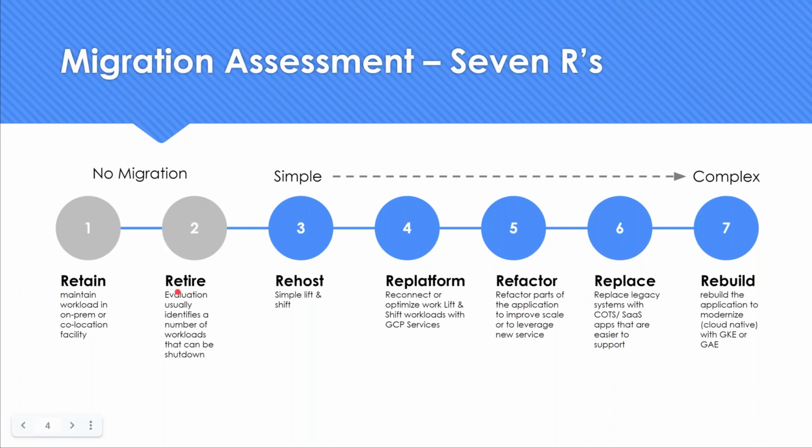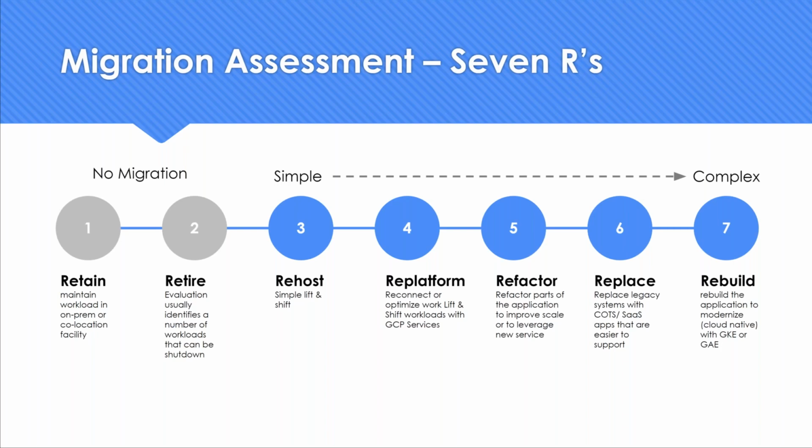Then there are going to be a good amount of workloads which can be lifted and shifted to your cloud as is. Not even a single line of code change. For example, Apache HBase running in GCP on-premise, you directly migrate it to Bigtable. Mongo, like Redis, use your cloud Memorystore.